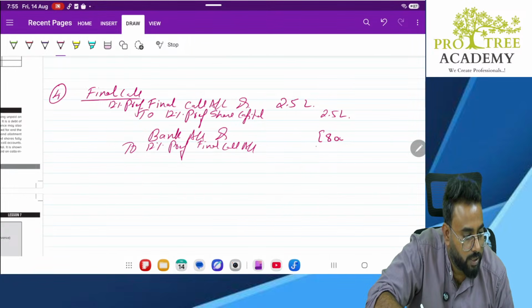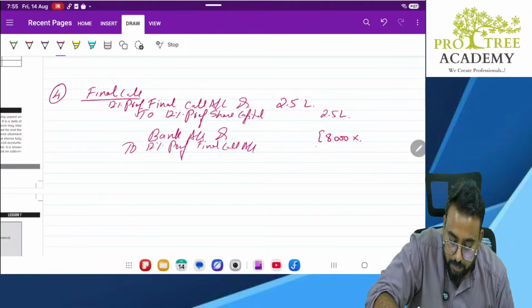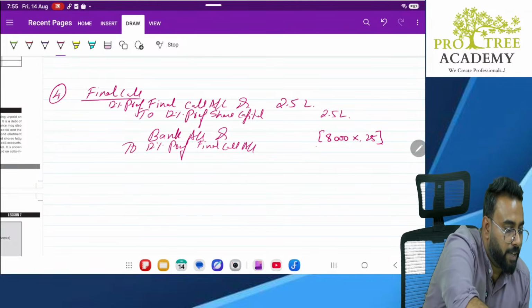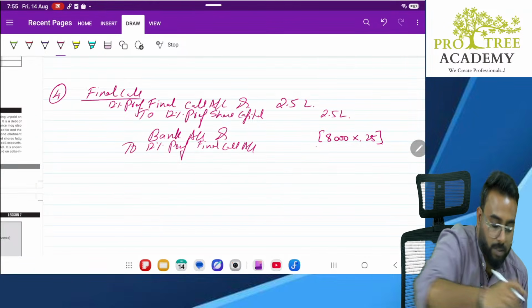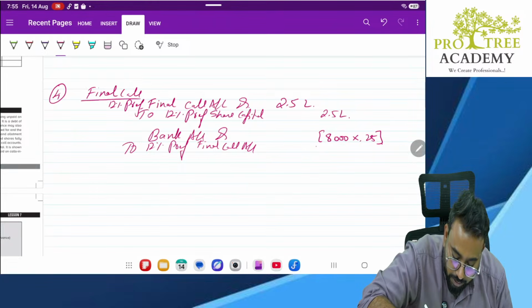Same thing goes here upon final call. 8,000 shareholders paid 25. Only 8,000 people paid 25, so that will be 2 lakhs.